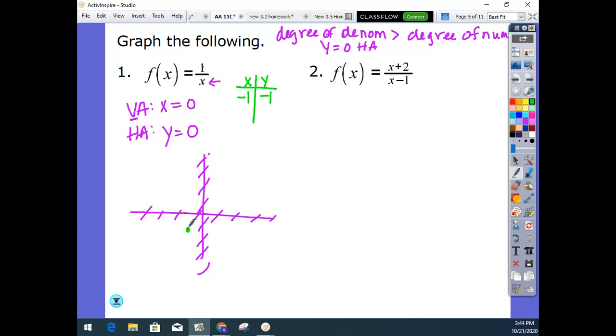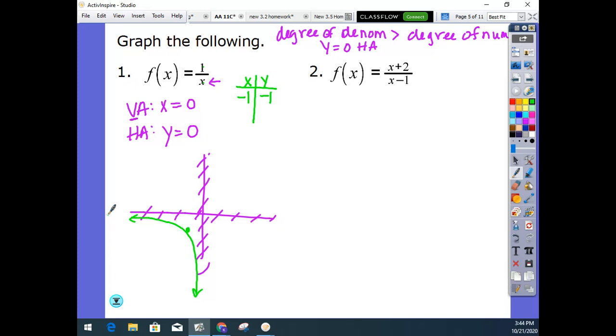So what happens here, these two asymptotes are forcing the shape of the graph. My horizontal asymptote says this end behavior is getting really close to the x-axis. This vertical asymptote we cannot cross because that would create a 0 in the denominator.